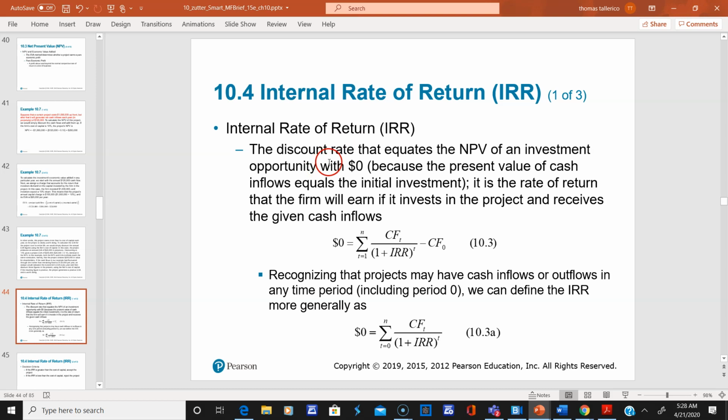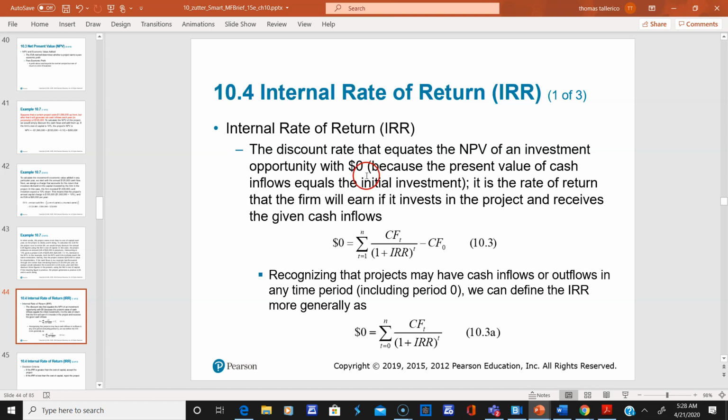And it says it very succinctly right here. The discount rate that equates the net present value of an investment opportunity with $0, because the present value of cash inflows equals the initial investment. So this is the point where the cash that comes in is equal to the amount of money you invested, okay? It's the break-even point.